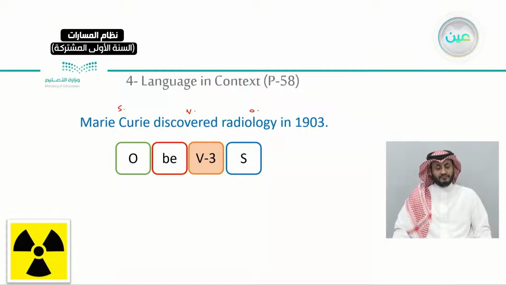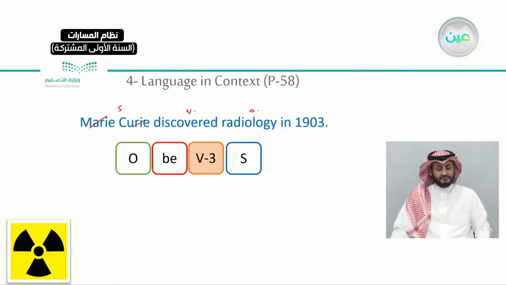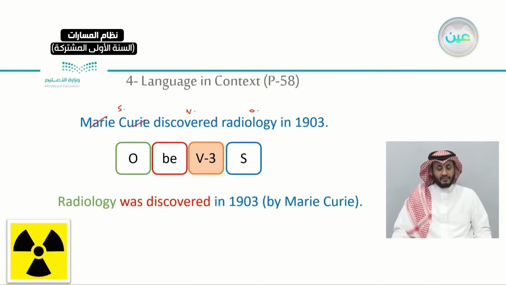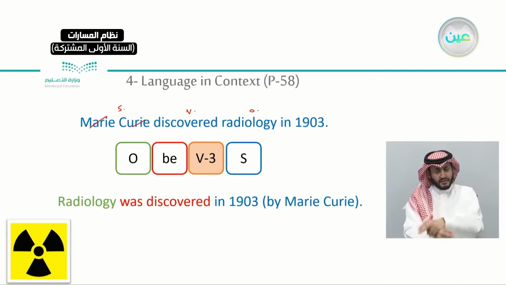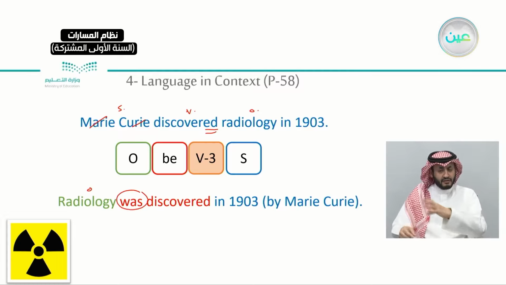I don't care who did this. All I want to know is the date and what happened on that date. So I will take out the subject. I will say that radiology was discovered in 1903, and you can take out the name. This is the object. We started with past because it is in the past, 1903.